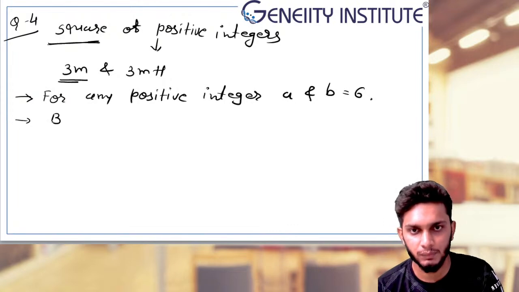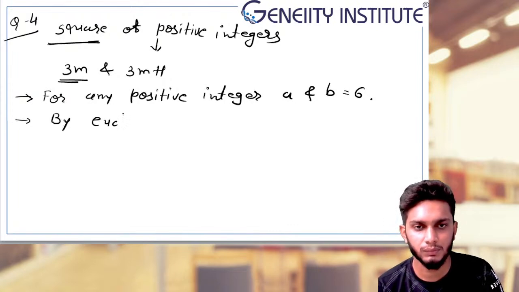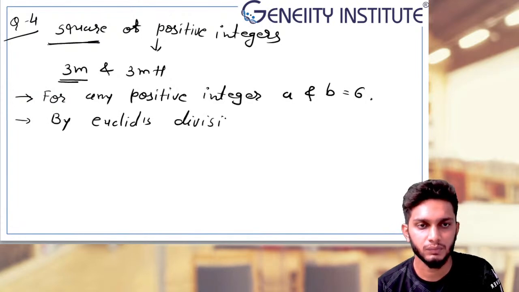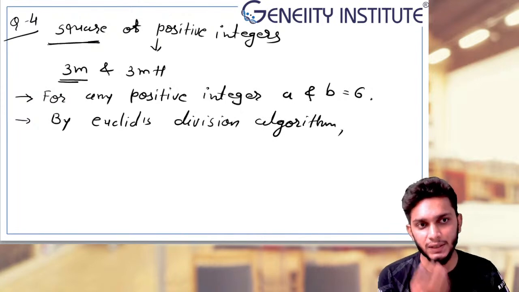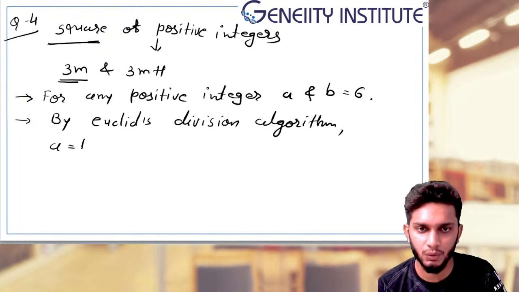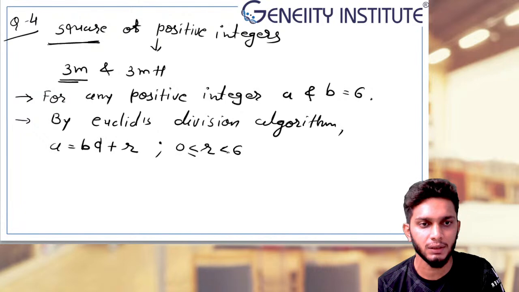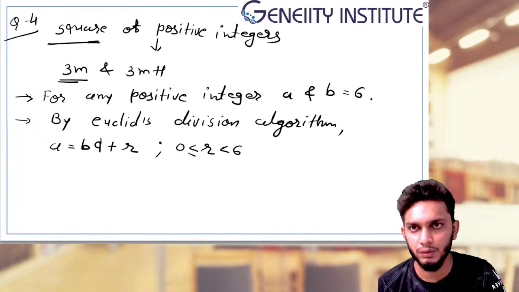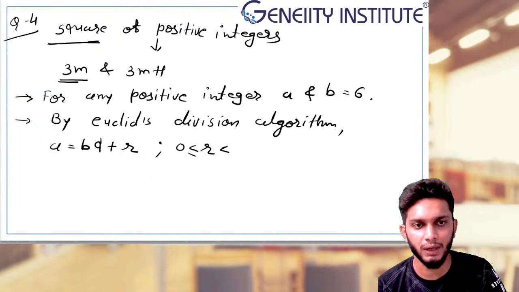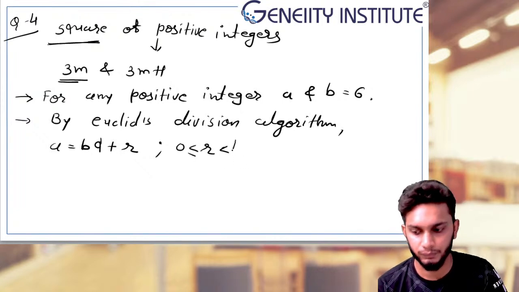So by Euclid's division algorithm, we know that a is equal to bq plus r, where r is greater than or equal to 0 and less than b.